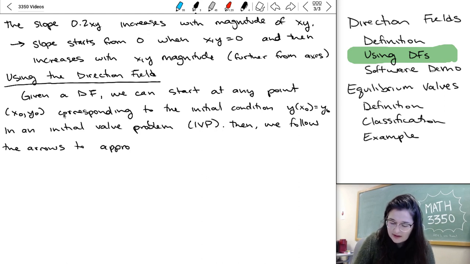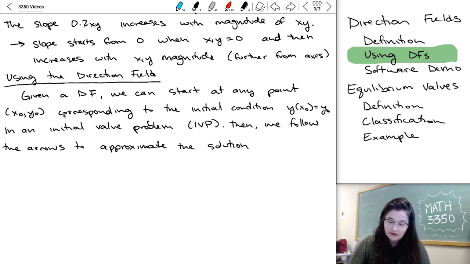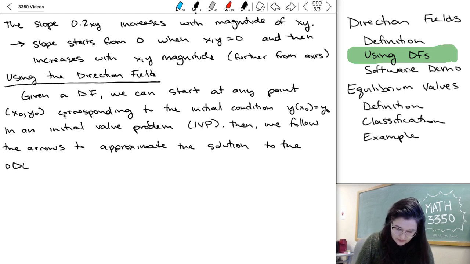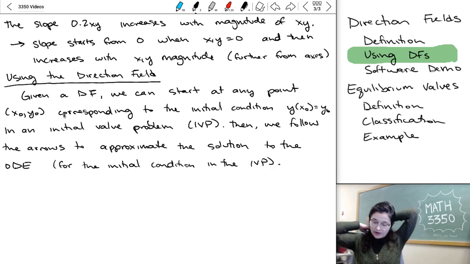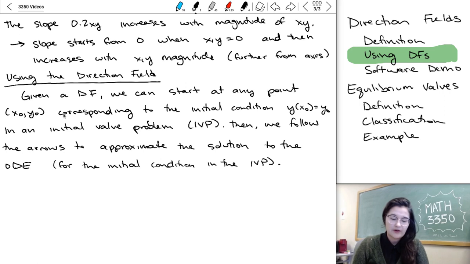And that's going to give us an approximation of the solution to the ODE from that initial condition. So it's a solution to the initial value problem.